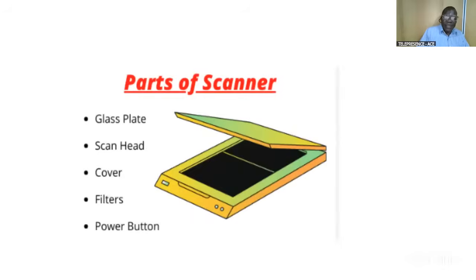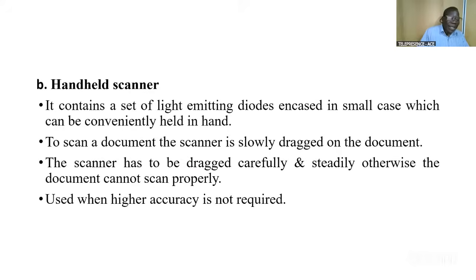We have this as an example of a scanner. Handheld scanner. It contains a set of light-emitting diodes encased in a small case, which can be conveniently held in hand.